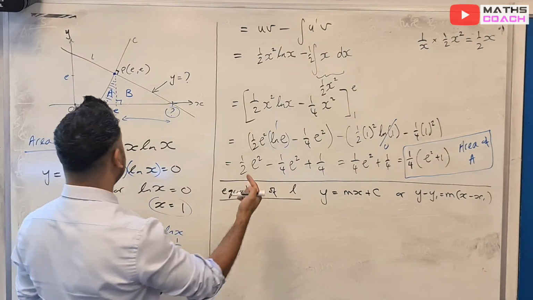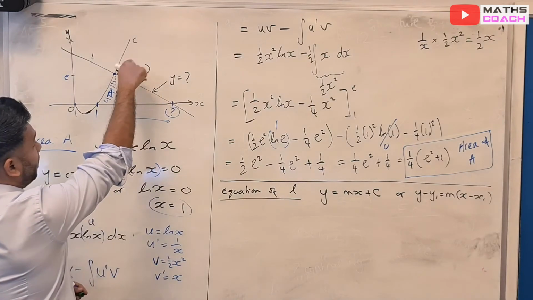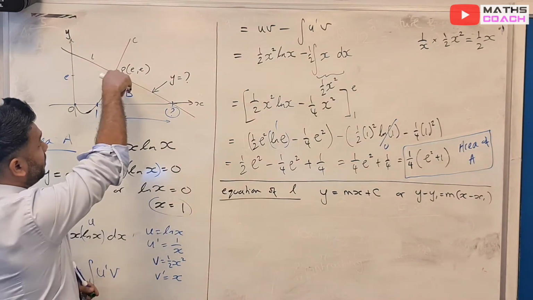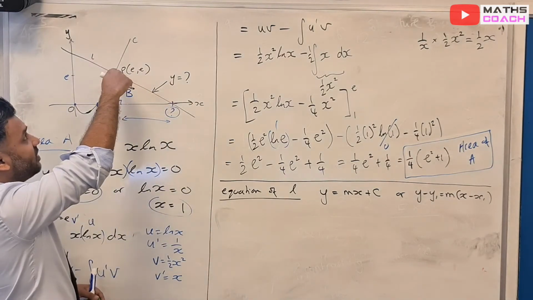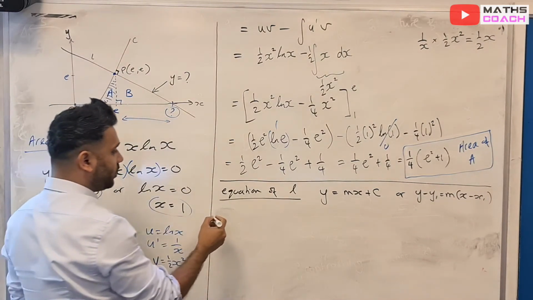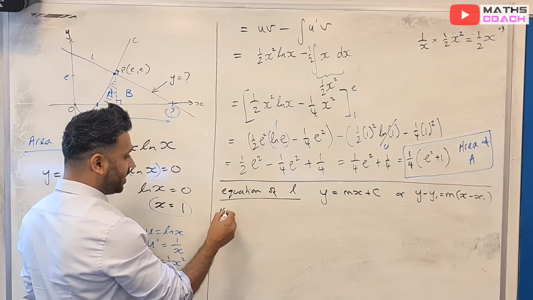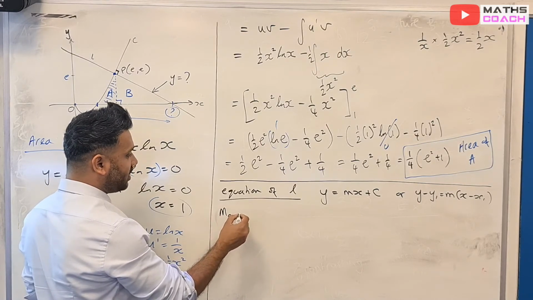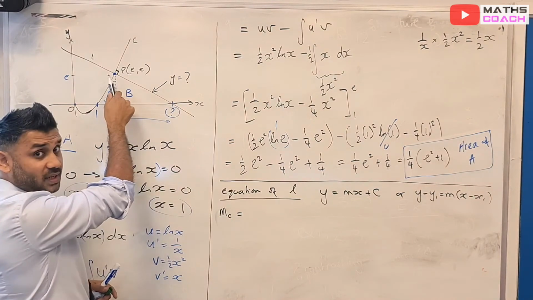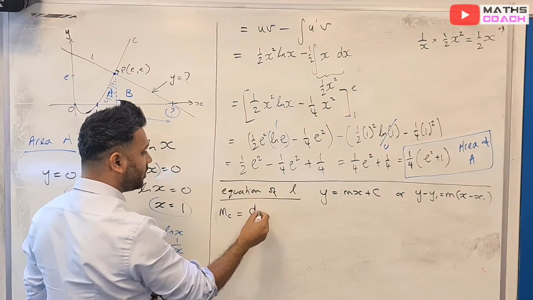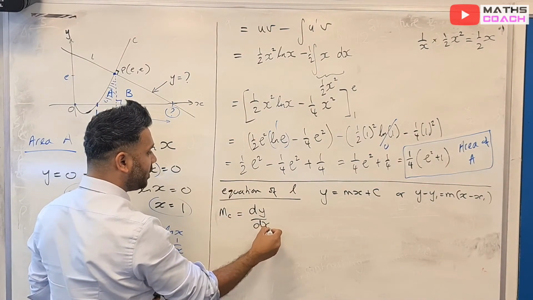At the coordinate, obviously, that we are given is coordinate P, where the line goes through, which is (e, e). Let's start by working out the gradient of the curve C at point P. Let's say mC is the gradient of the curve C at point P. And this is going to be dy by dx.